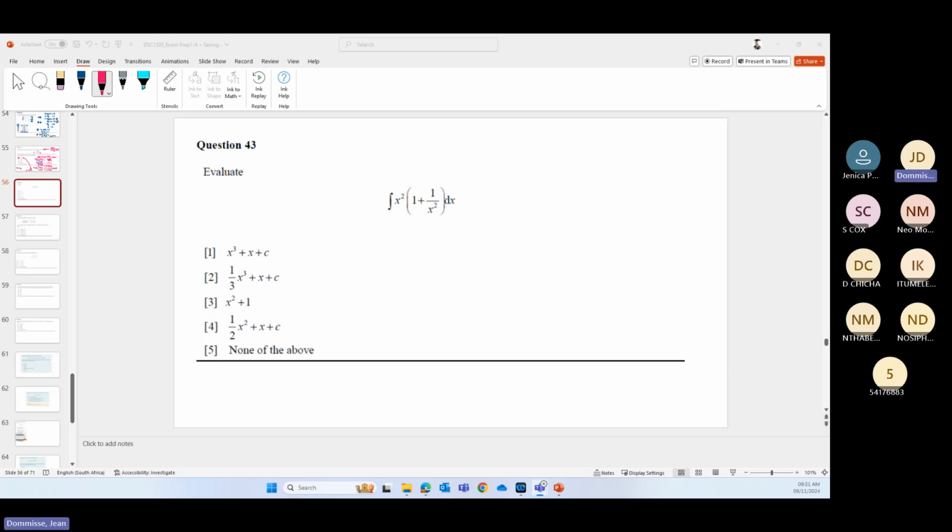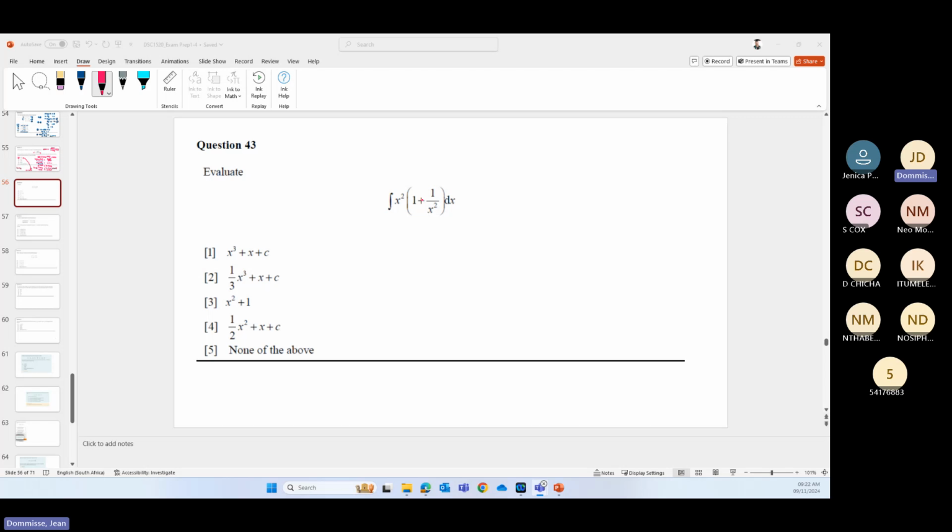integration, differentiation, here we have an integration that we need to work with. So again, the first thing I will do is to just first simplify this and not work with 2 terms.